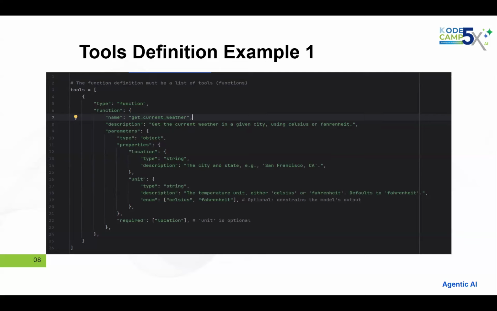You're not invoking the function. This is just for you to define the function. It is based on this function definition that the LLM will know that, when you provide this function definition to the LLM, there's a tool, a function called get current weather, that's available to it to use.